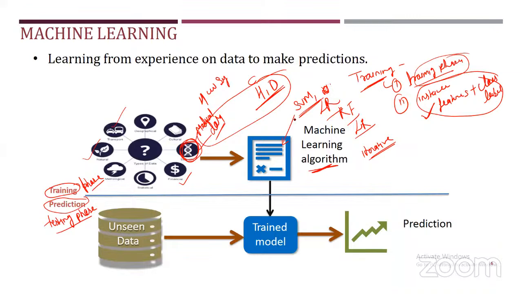Once you are satisfied with the performance of the model, then you are going to deploy that model. Whatever changes you would like to make, you will be doing in your training phase. Once you have deployed the model, you are not going to make any change. You will be just using the model as a black box.